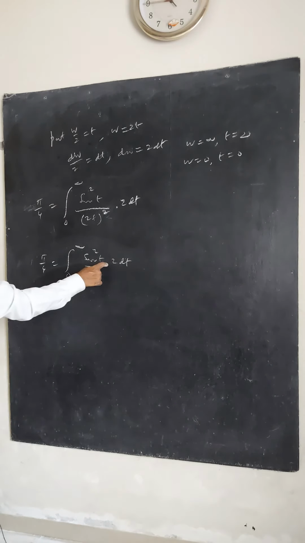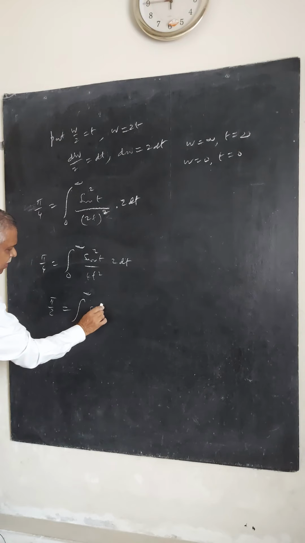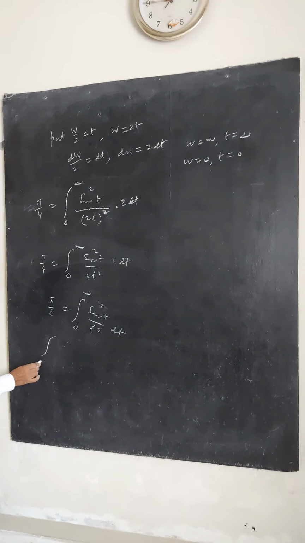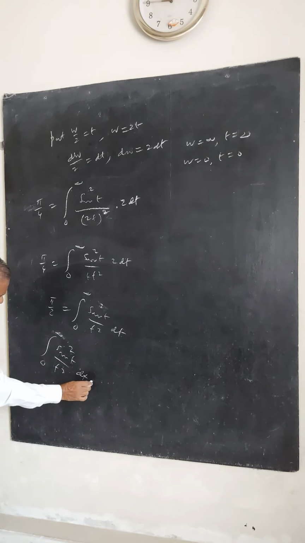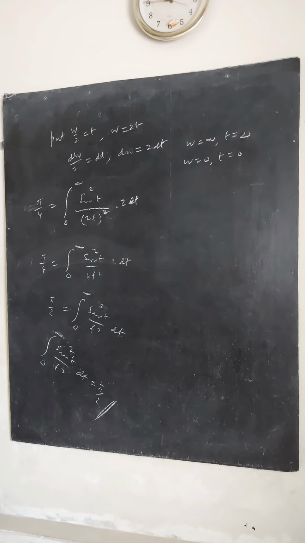This 4 cancels, 2 comes down. Therefore, pi by 2 equals 0 to infinity, sin square t by t square dt. So 0 to infinity, sin square t by t square dt equals pi by 2. Hence the result.